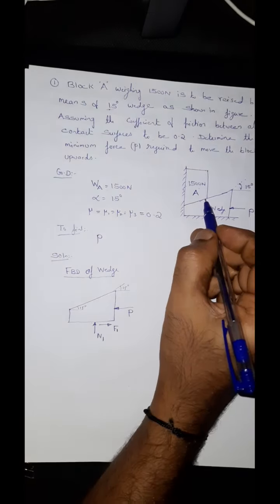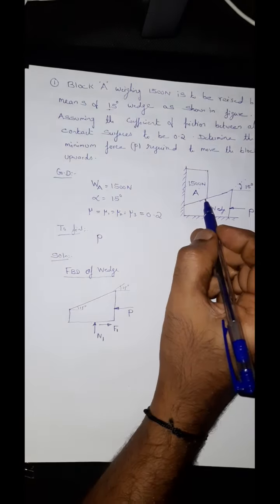So N2. Since the frictional force of the wedge is acting in the upward direction, the frictional force of the block will be opposite to this one. So F1.